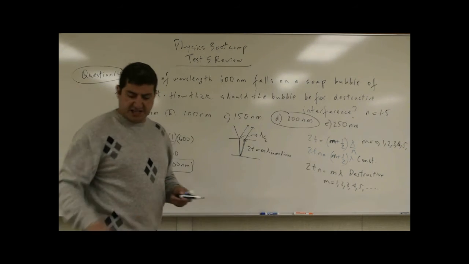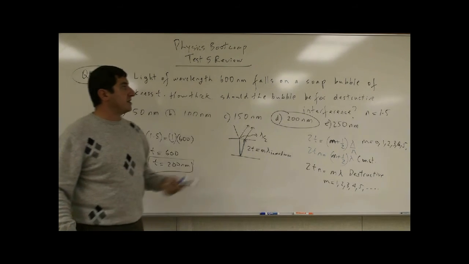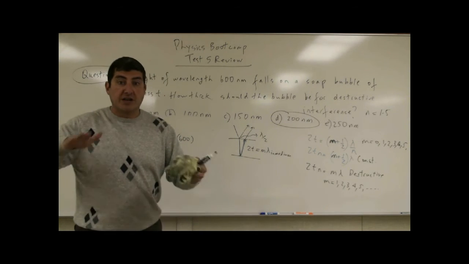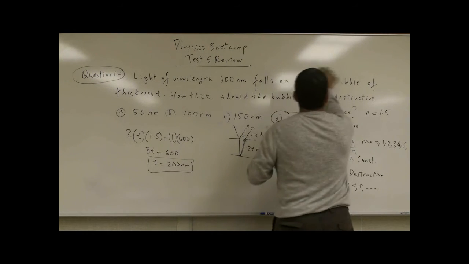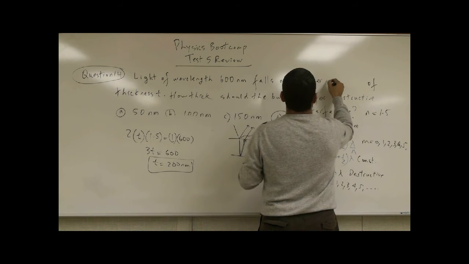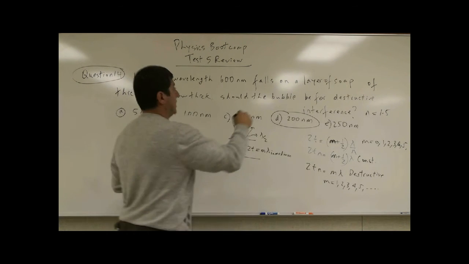Now, what if it had said something like this? A light of wavelength 600 nanometers falls on, let's say instead of a soap bubble, a layer of soap on the ground.